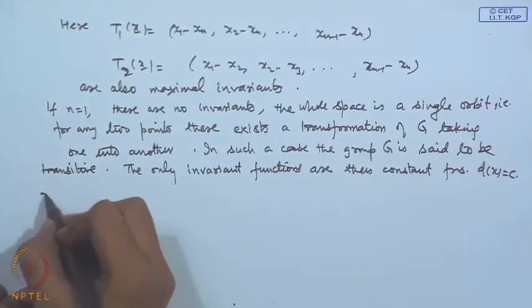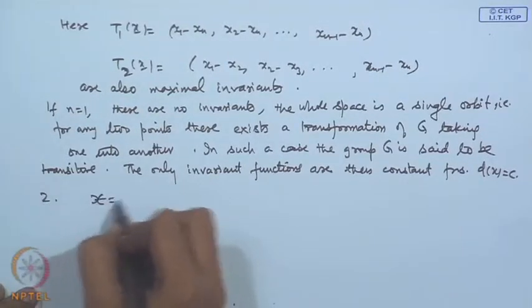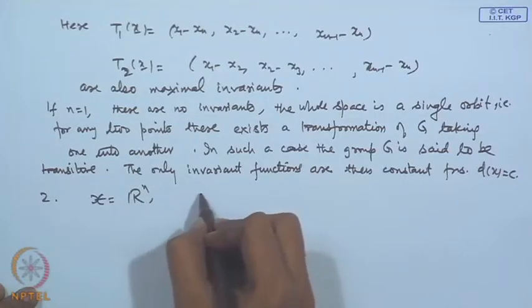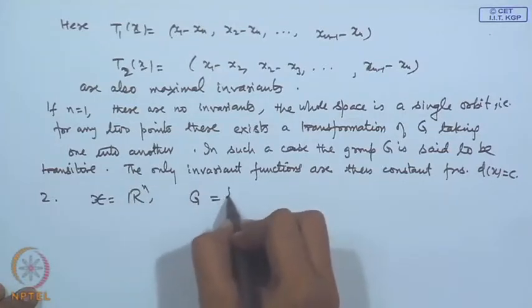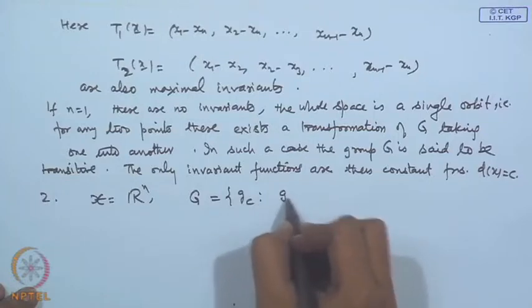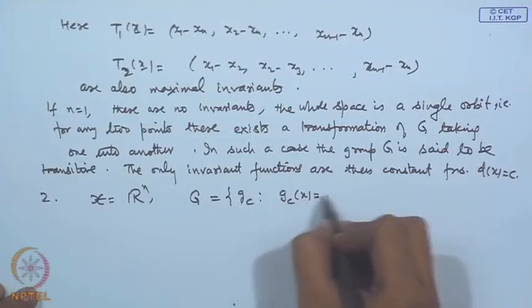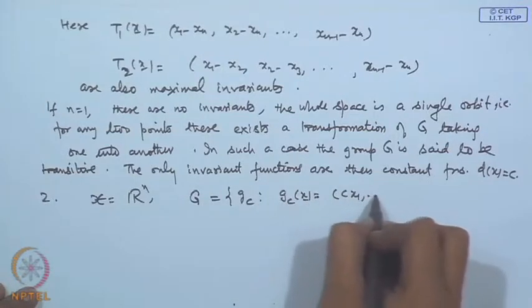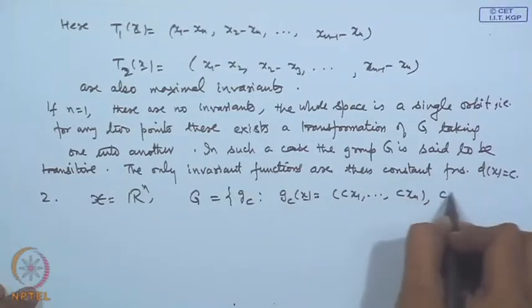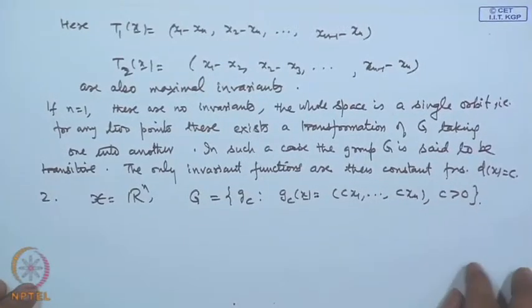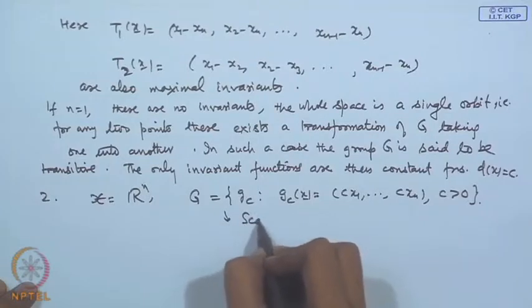Let me take a scale group. Say G is the group of scale transformations g_c(x) = (c x_1, c x_2, ..., c x_n) for c positive. This is called the scale group.